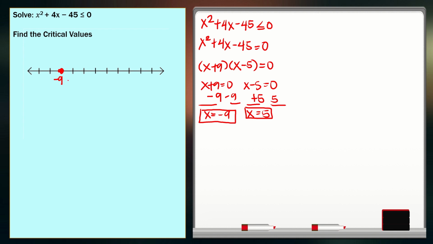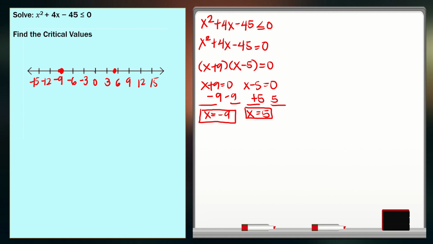Let's say this is negative 6, negative 3, 0. We have positive 3, 6, 9, 12, 15. And to the left of negative 9, we have negative 12 and negative 15. So it means that positive 5 is somewhere here. So these are the critical values.